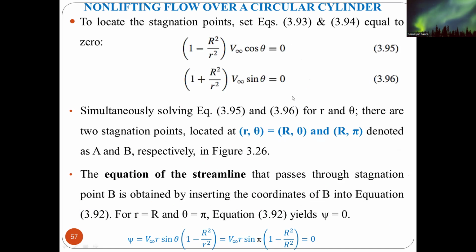Solving the two equations simultaneously, we can find r and theta. The points are located at r equal to R with theta equal to 0 and theta equal to pi, which are points A and B respectively.